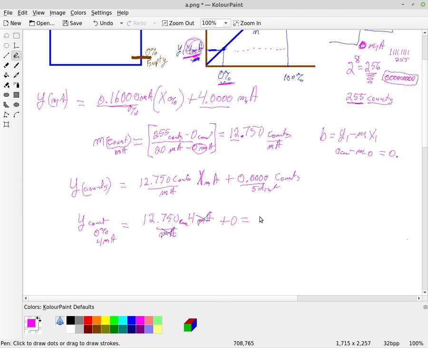All right, so inside of our PLC now, we're going to be reading the decimal value of 51 counts. Okay, so our analog to digital converter is going to be giving us an integer value of 51. Okay, 4 times 12.75 is going to give us 51.